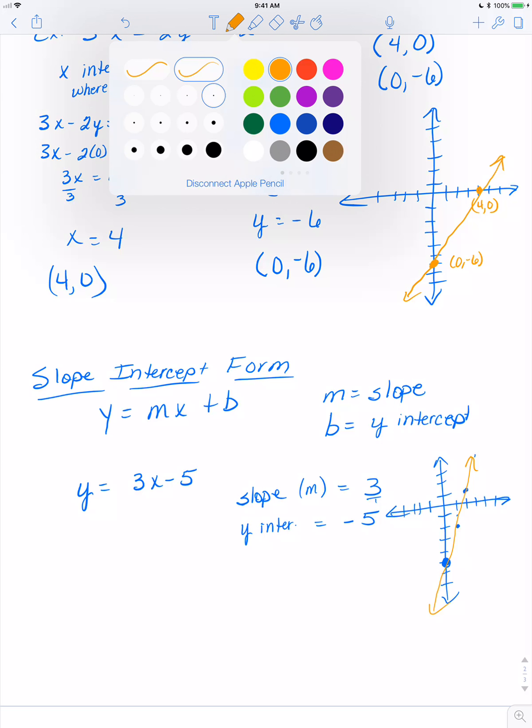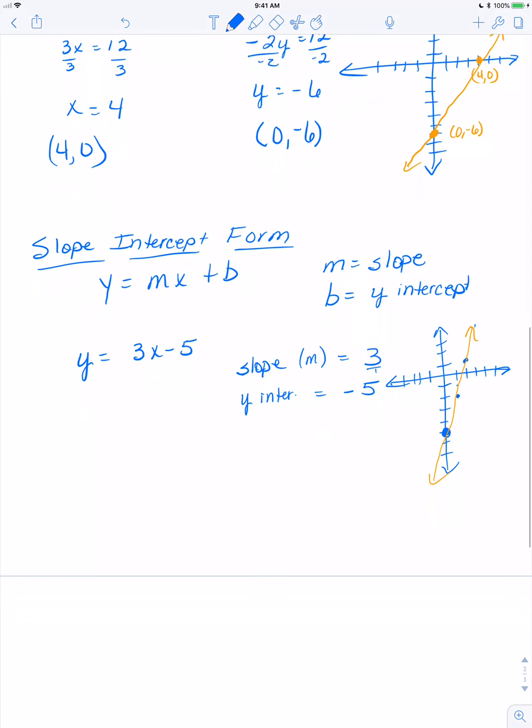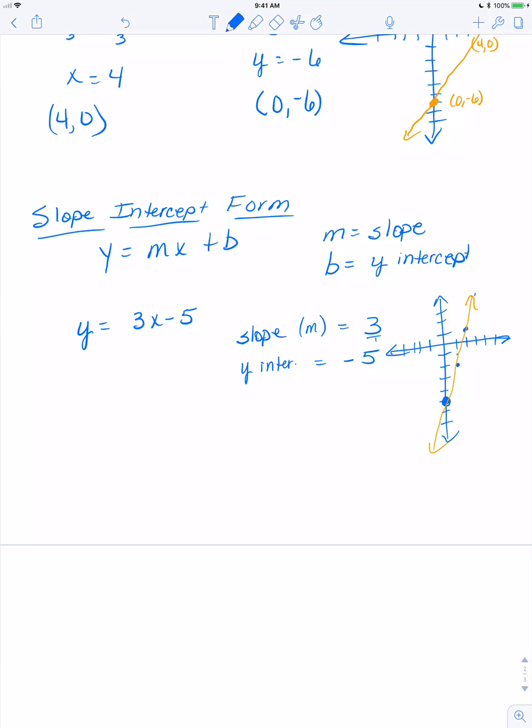Okay, so sort of putting all this together by being able to solve for some of these, let's just look at some more. What if we have 2x plus 5y is equal to 10? Okay, we're going to put it in y equals mx plus b format. So it might say put in slope-intercept form.